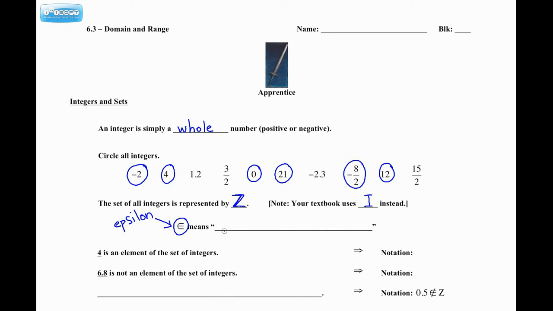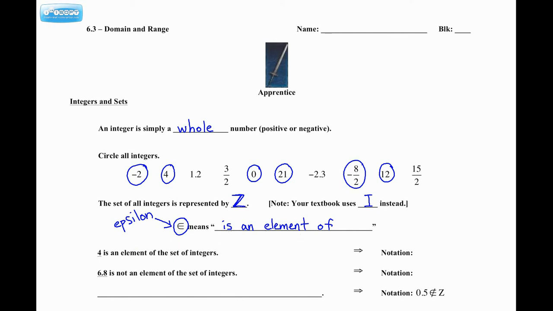It means is an element of. So as soon as you see this funny looking E, which is not an E, it's an epsilon, it just means in English is an element of.